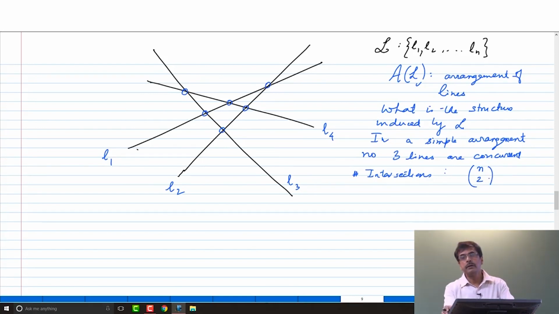Every pair of lines intersects in a point, and that is basically going to be our set of vertices. So, V basically corresponds to these intersection points.